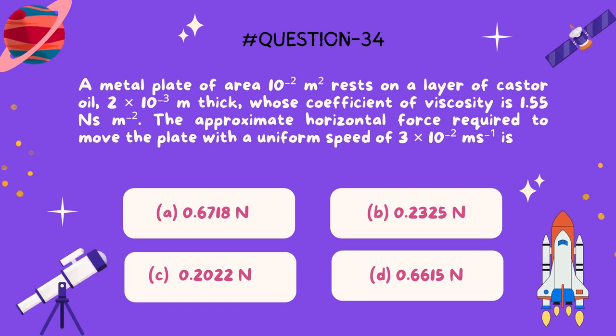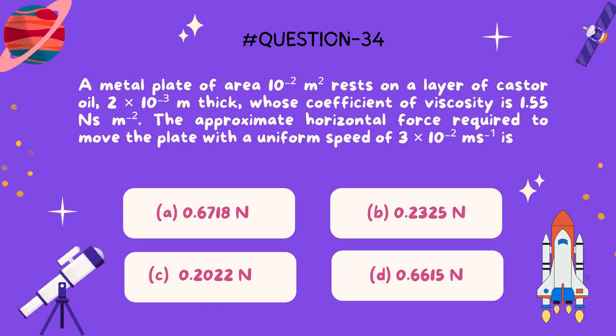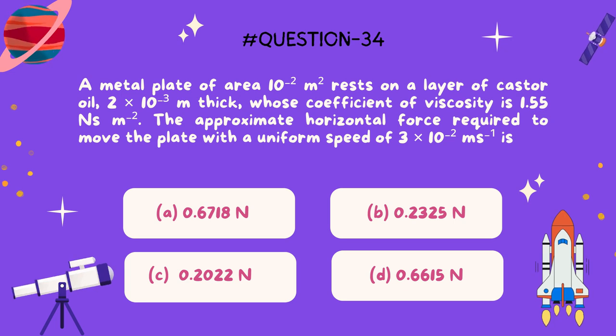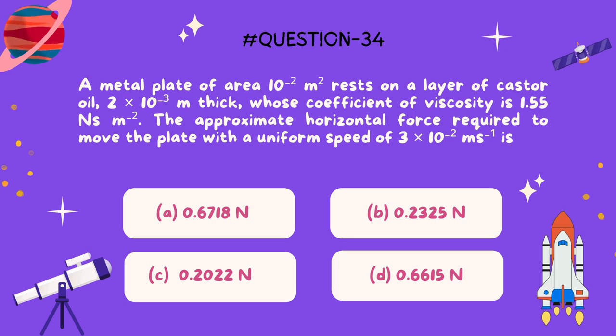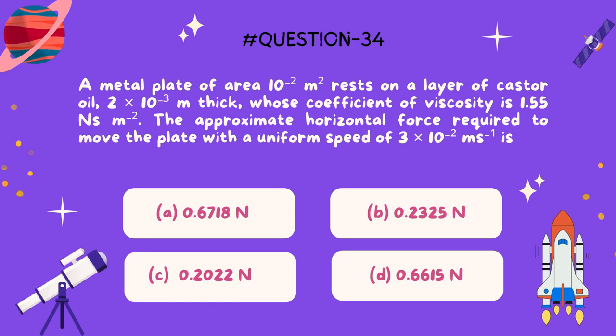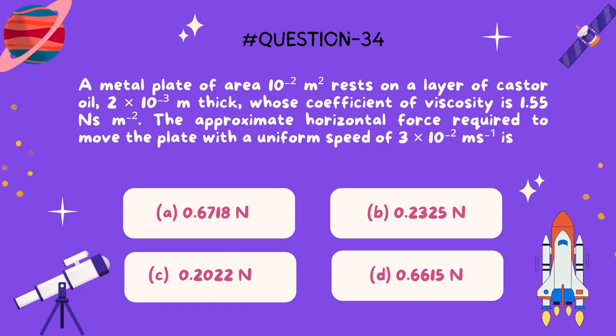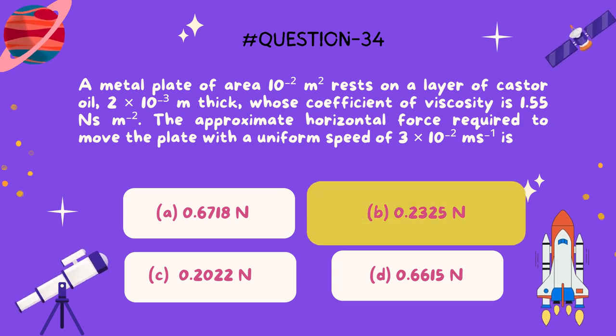The approximate horizontal force required to move the plate with a uniform speed of 3 times 10 raised to power minus 2 m s raised to power minus 1 is: A, 0.67018 N. B, 0.2325 N. C, 0.2022 N. D, 0.66615 N. Correct answer: B.